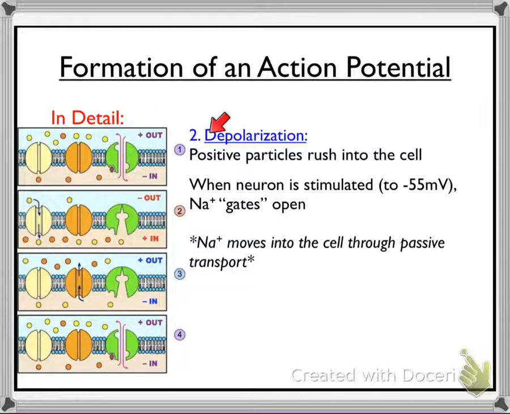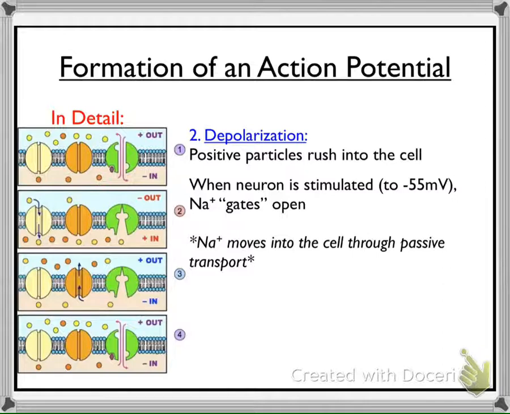So in depolarization, we are going to get rid of the differences. In other words, we're going to even out the charge between the inside and the outside of the cell. And we do this by allowing positively charged particles to rush into the cell. Now this will only happen when a neuron is stimulated.